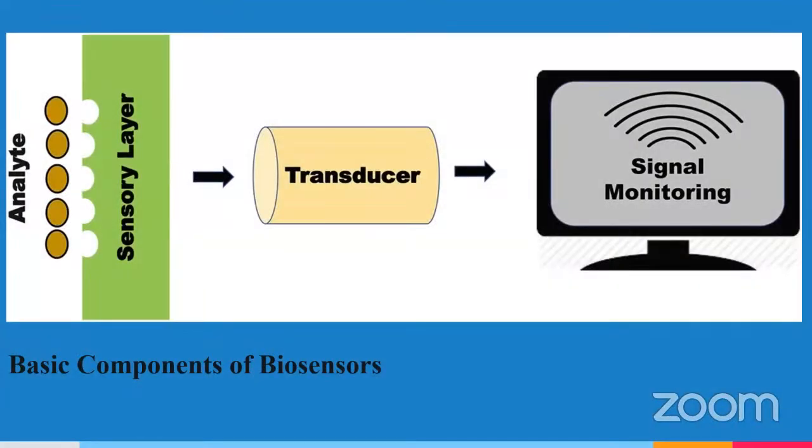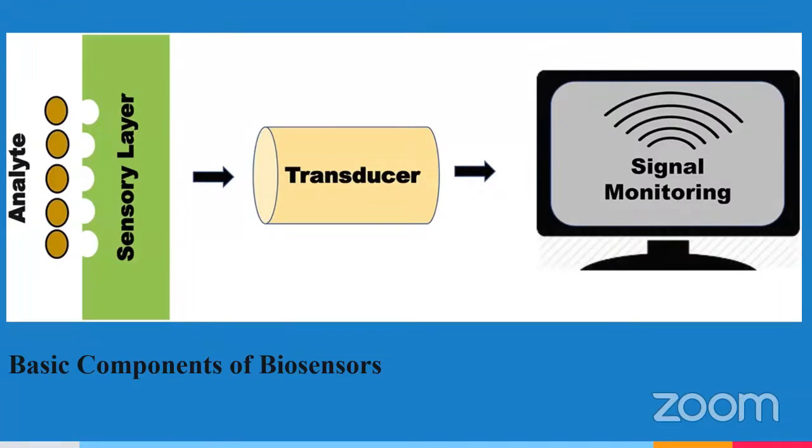So now I will discuss the basic components of a biosensor. The basic components of a biosensor consist of a biological component. The biological element can vary; we can use enzymes, antibodies, nucleic acids like DNA, RNA, and this works as a receptor.